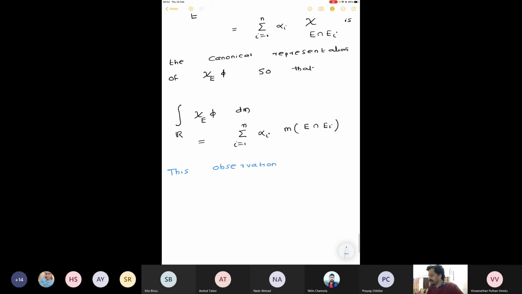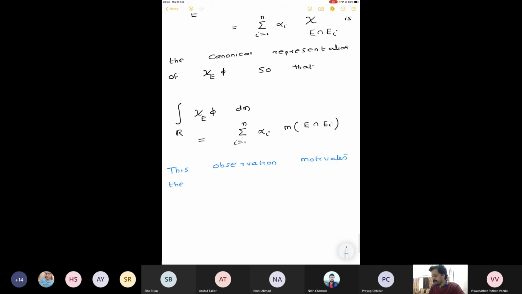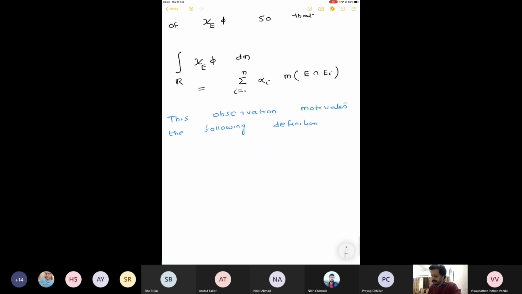This observation motivates the following definition. I don't know whether it motivates you for this definition, but I have already told the idea. The left-hand side of the integral that I have written actually makes sense only on E.